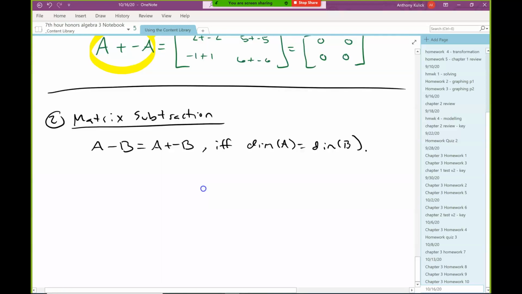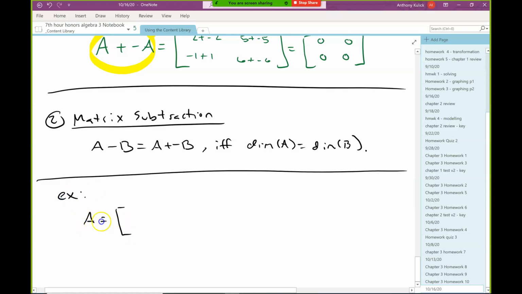So let's do another example, and this will kind of spur us on to the next operation here. What's A plus A give us?